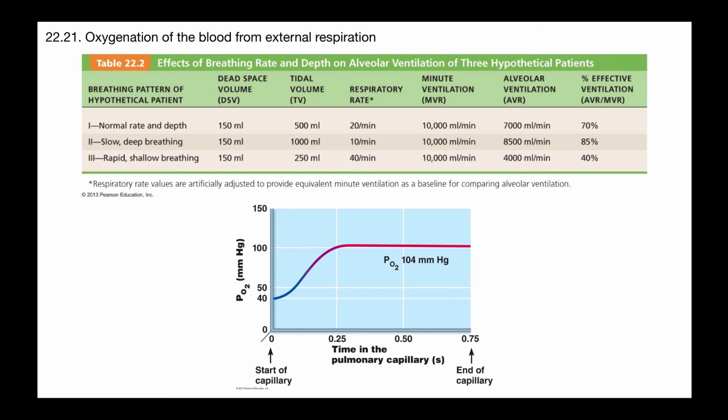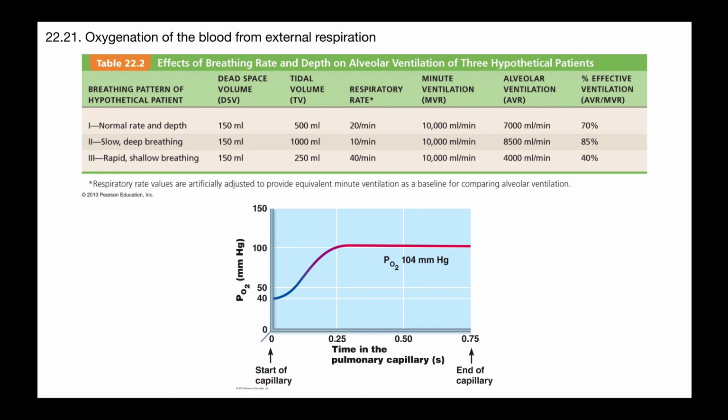The table up at the top, you can take a minute to look at it. I'm not going to walk through the whole thing, but the take-home message is that slow, deep breathing, even though it's the same amount of gas moving, is going to have a higher effect of being able to ventilate the blood, meaning more oxygen is going to be able to get in than if you were hyperventilating, with shallow, rapid breathing.